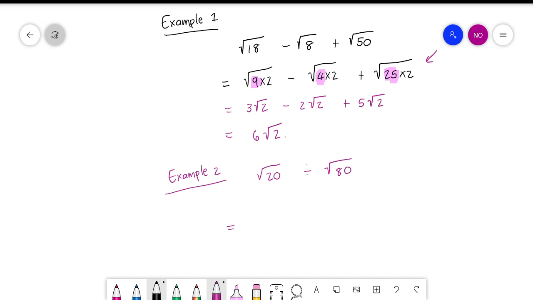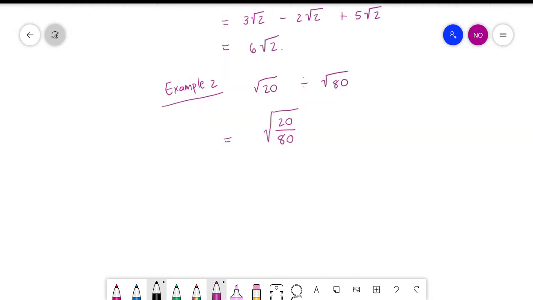So I can put them together like this. And that I can simplify. And that is equal to half.